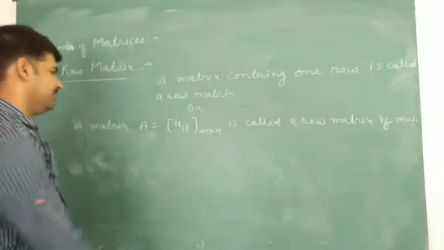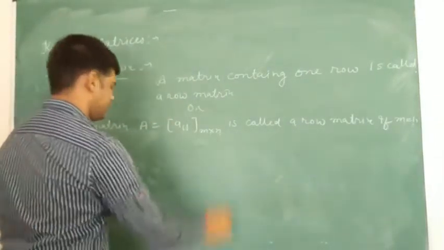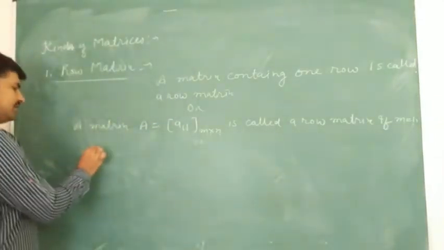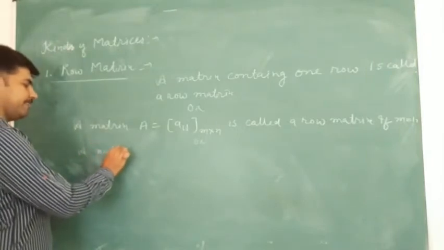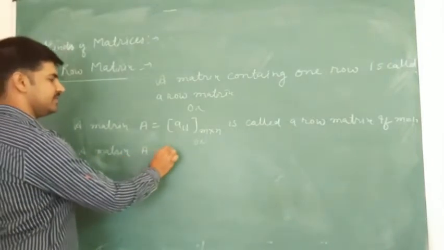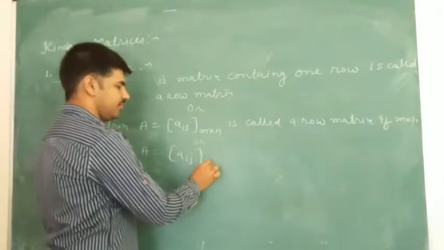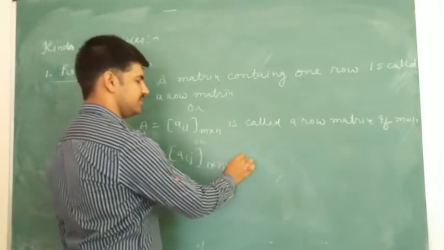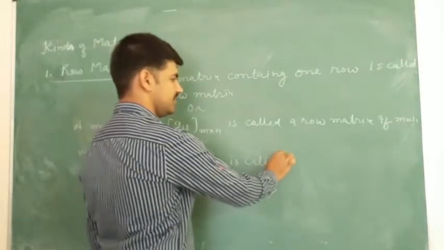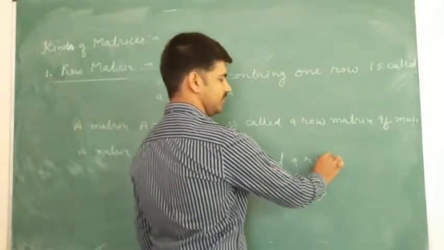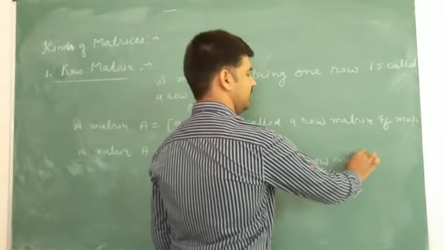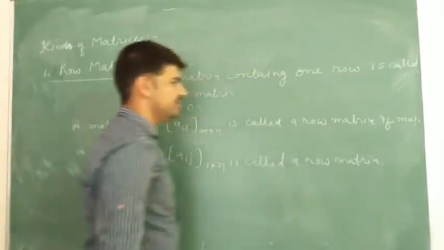Or, one more way, if you want to write, a matrix A is equal to Aij of order 1 by N is called a row matrix. So I have defined a row matrix in three different ways.